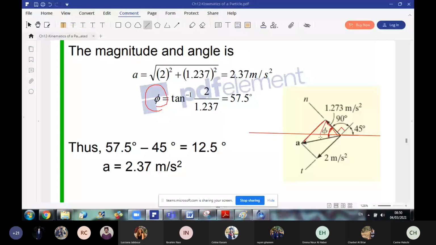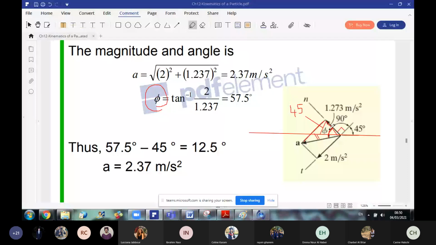So the angle that I want to get is the angle between the total acceleration and the horizontal. So how can I get it? I know the total angle is phi, and I know that this part between the horizontal and UN is 45. Okay, so I can deduce that the small angle that I want to calculate, between total acceleration and the horizontal, is equal to the calculated total angle phi minus 45.